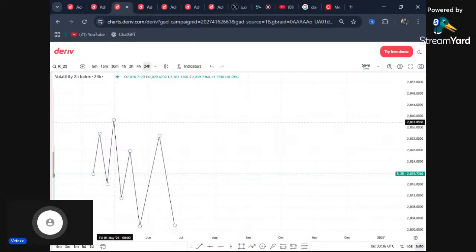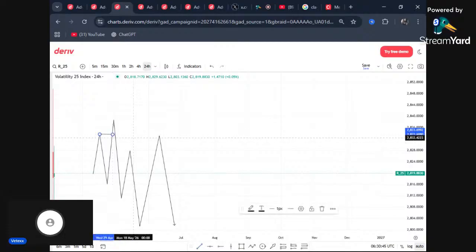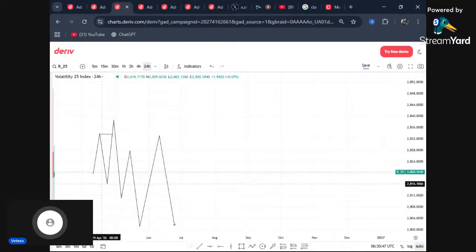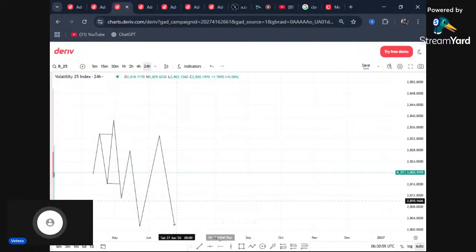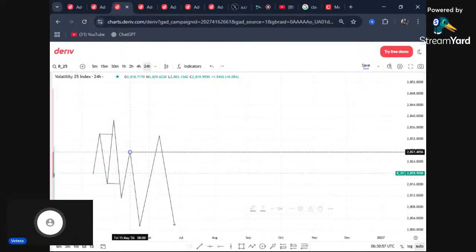The first rule that guides the advanced market structure is there must be a sweep of liquidity, which is this liquidity. Number two, there must be a break of structure in the opposite direction, which is this. Rule number three is there must be a 50% retracement, which is this 50% retracement.